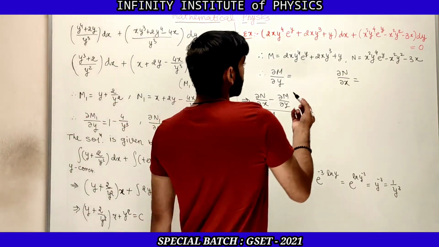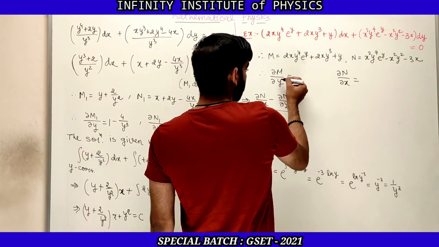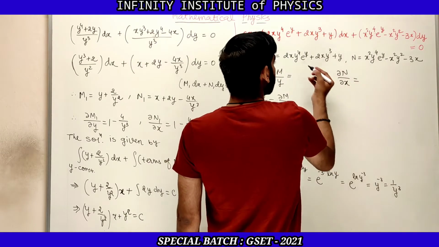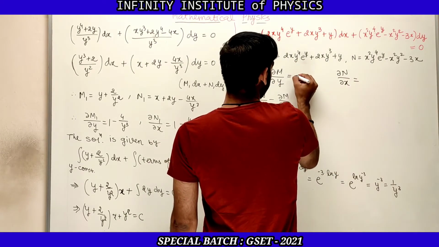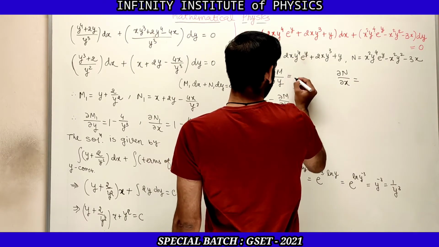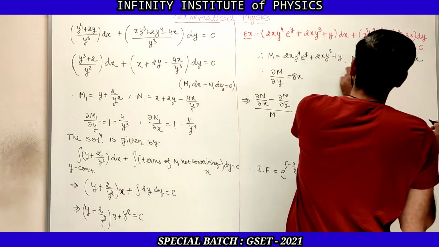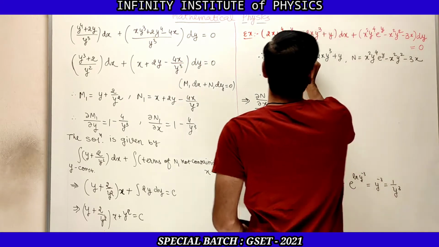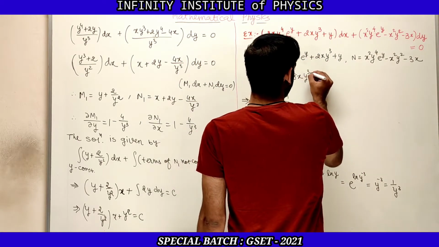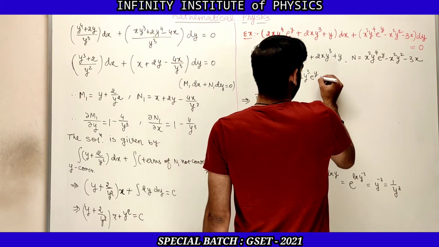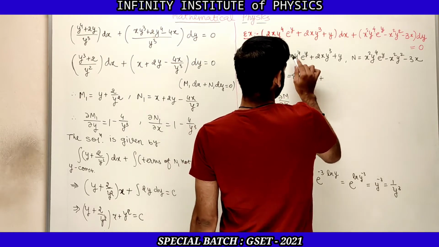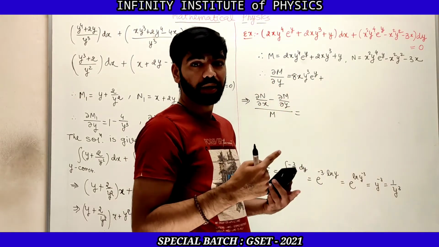Now we need to find del M by del y and del N by del x. So del M by del y: the 4 power comes in multiplication, so it will be 8xy cube e raised to y, because here we have two terms with y, so we need to apply the product rule.